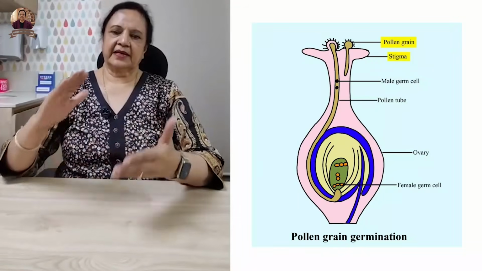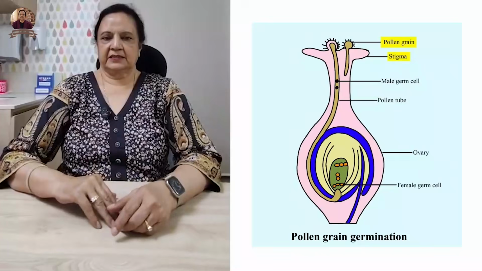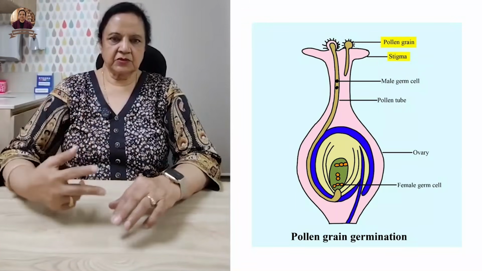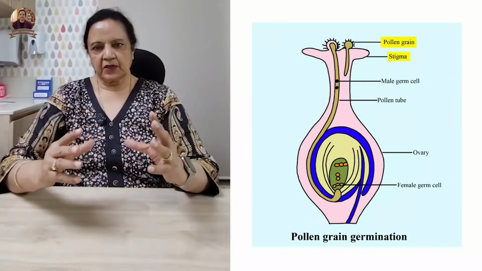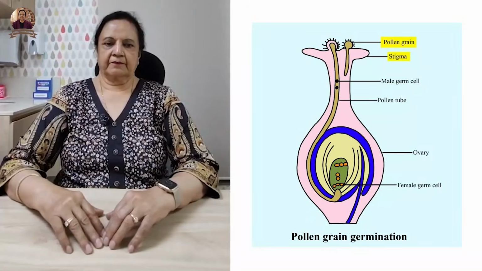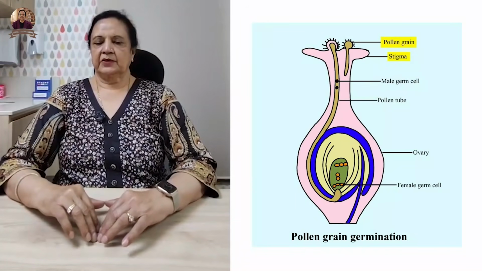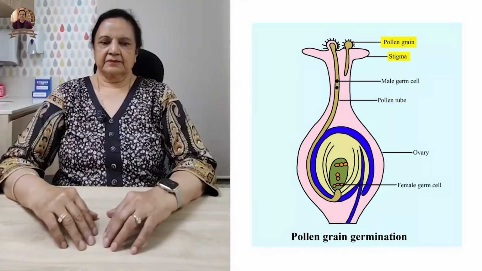When a pollen grain lands on a compatible stigma, it germinates. The pollen tube carrying two male gametes grows through the style and enters the ovule through a very small opening called micropyle. Once inside the embryo sac, the tip of the pollen tube ruptures, releasing the two male gametes.